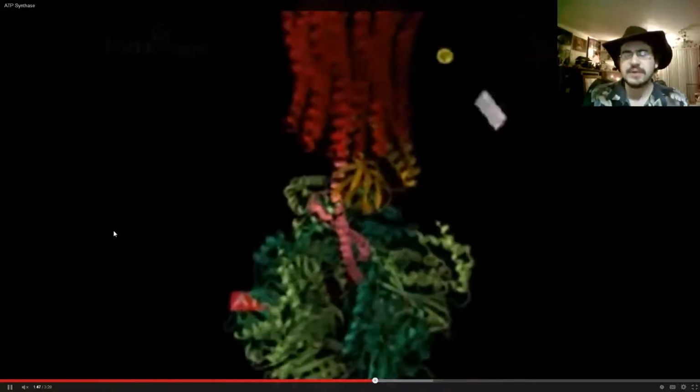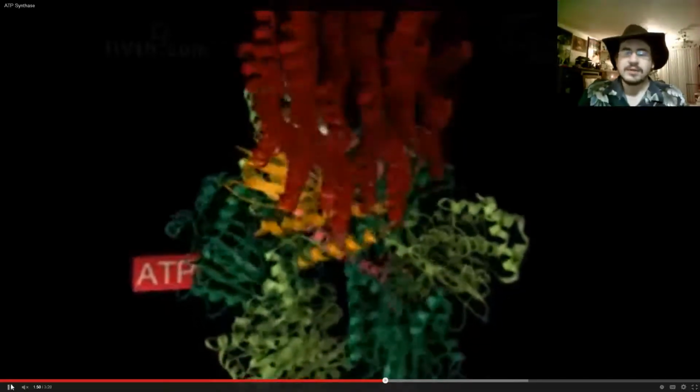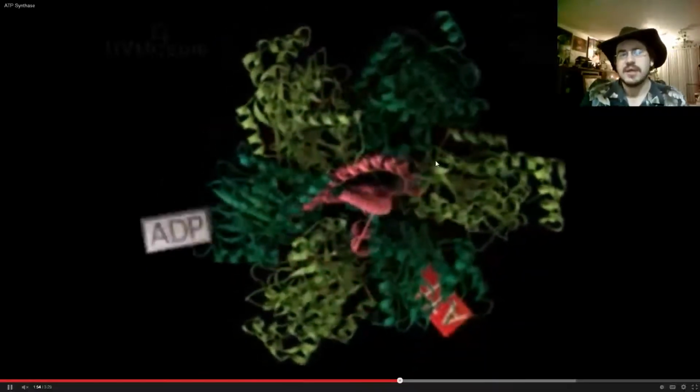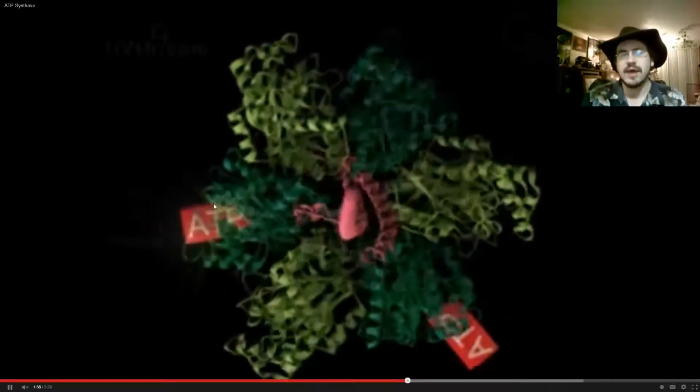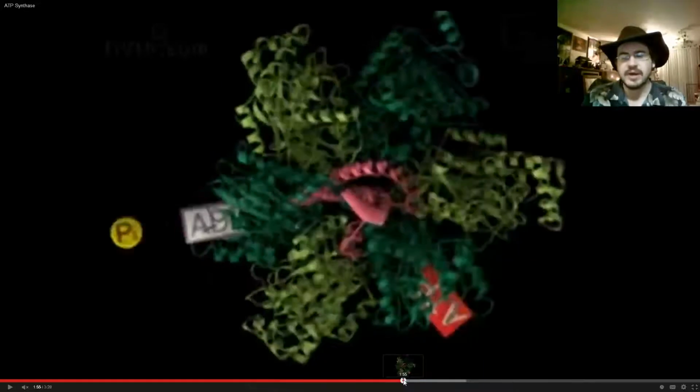So let's take a look from above. So every time this rotates, it pushes the molecule around. So let's take a look at how that rotation works. All right, shall we?